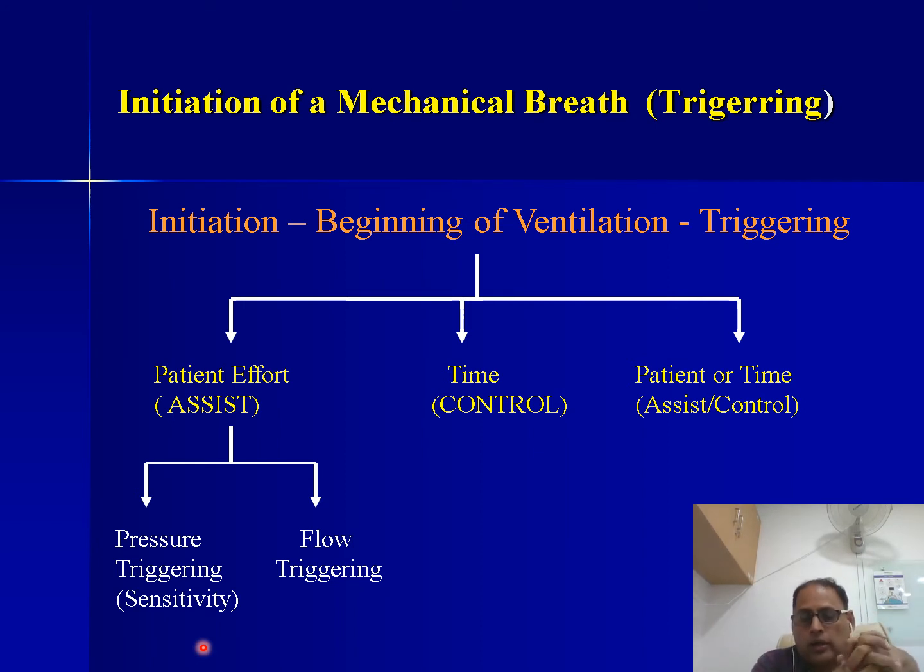In a pressure triggering, what actually happens is there is a pressure in the circuit and the patient makes an inspiratory effort. So the pressure goes down and the machine senses this fall in pressure and gives a breath. So this is a pressure triggered patient effort breath, and these patient effort breaths are called assist breaths because here you are actually assisting the patient and he is triggering on his own.